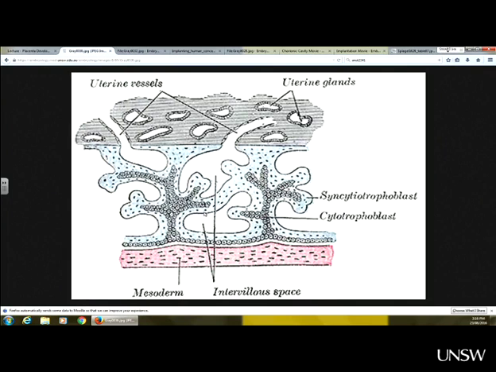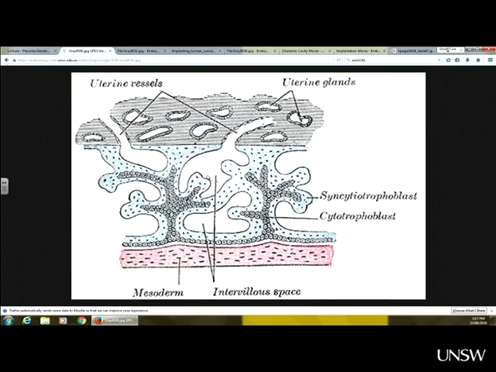So we have syncytial trophoblasts here attached to the uterine stroma, and we have uterine vessels and uterine glands opening into these spaces between these finger-like extensions. These will be our maternal blood-filled spaces.